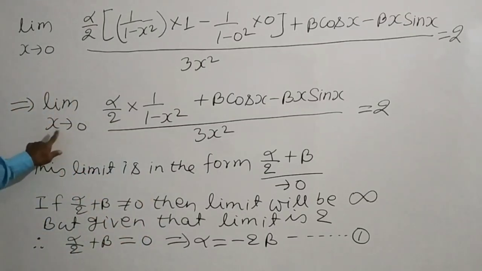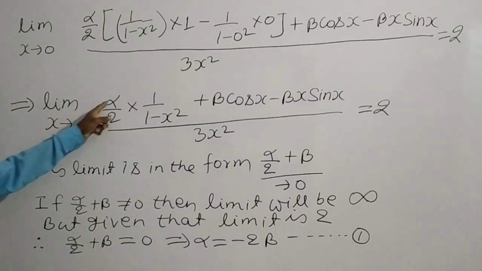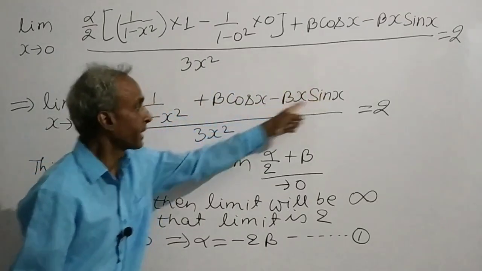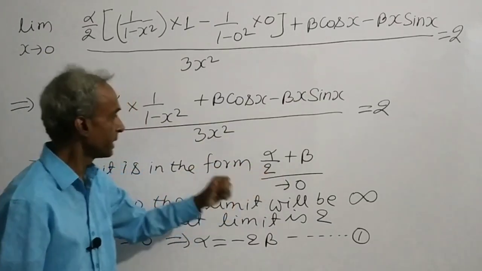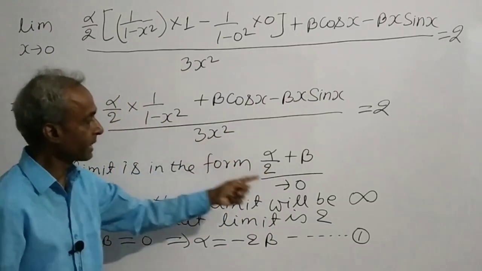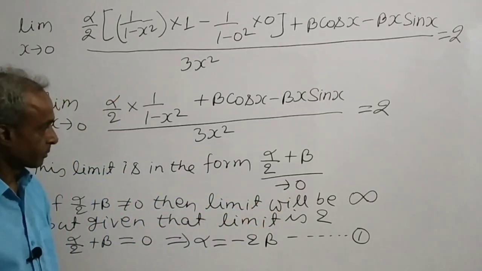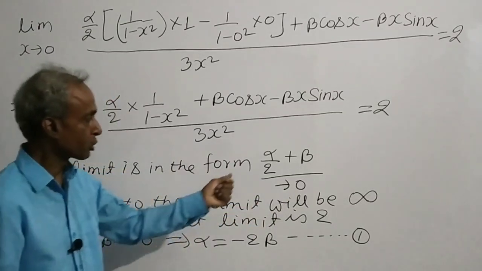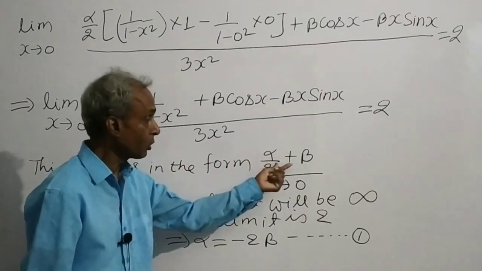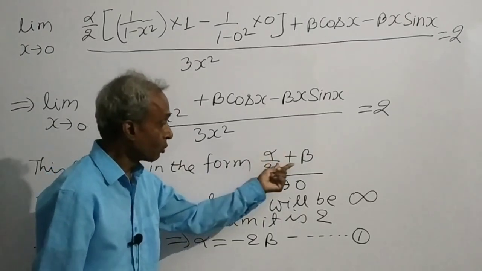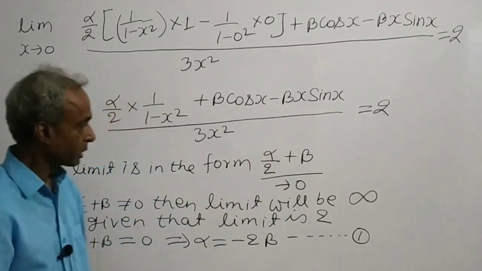When x tends to 0, then this numerator tends to alpha by 2 plus beta and the denominator tends to 0. Now there are two possibilities. Numerator not equal to 0 or numerator is equal to 0.